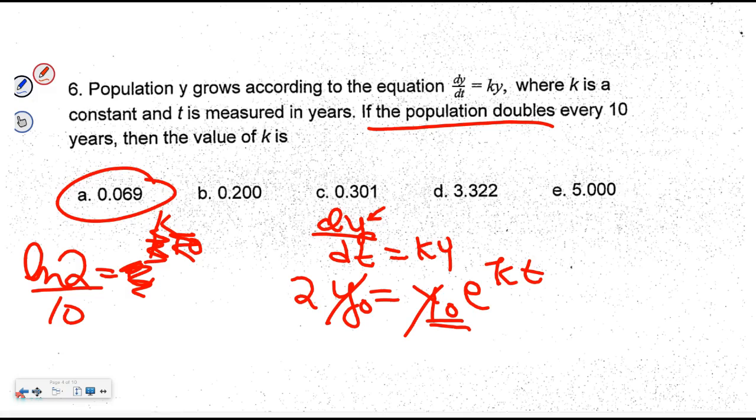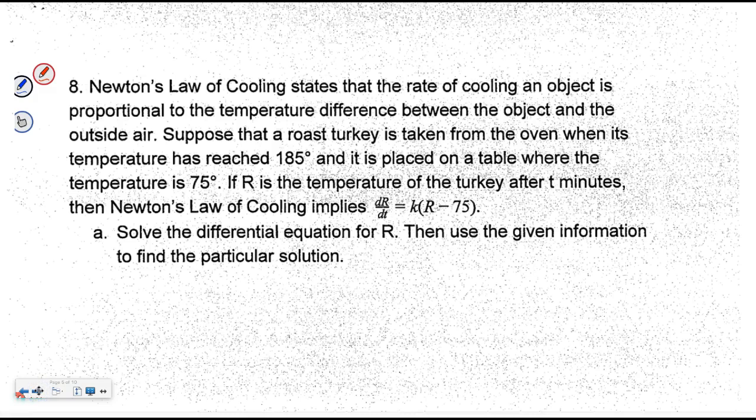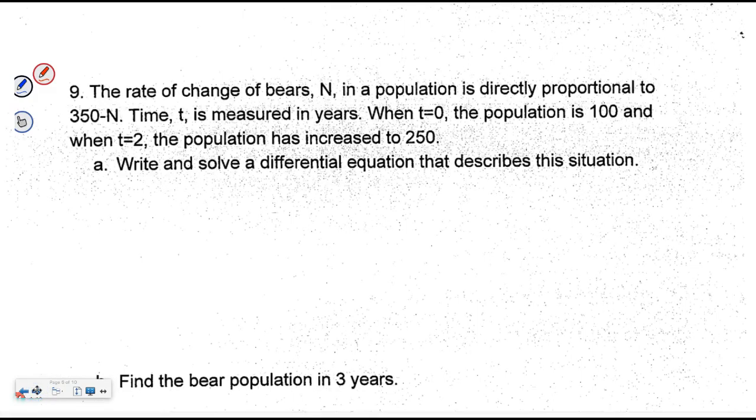We're going to go into the one on the bears, which is number 9. You have to be careful when it's not exponential growth in your face, like when it's not the Ce^kt model. When we read through number 9, it says the rate of change.